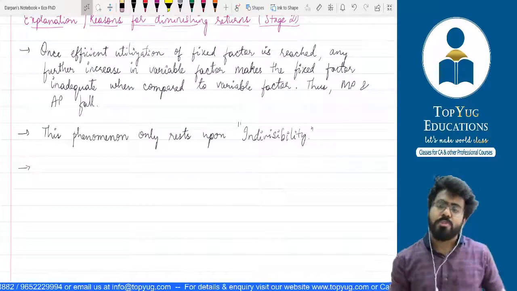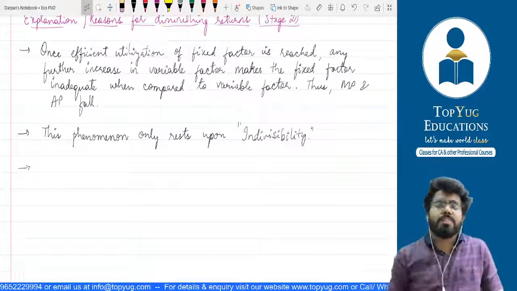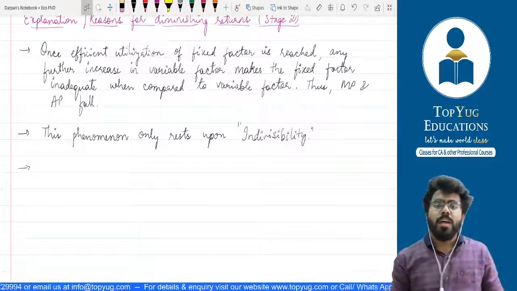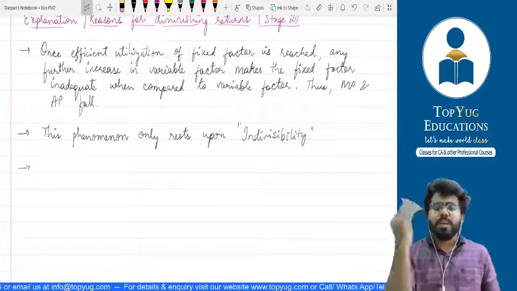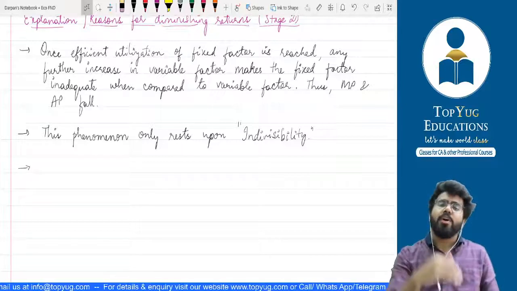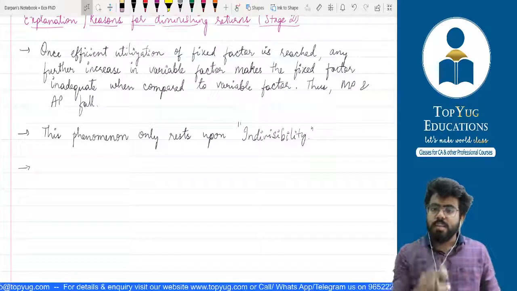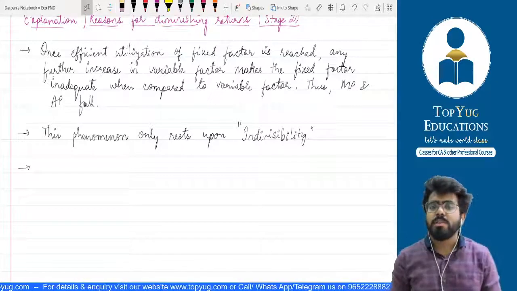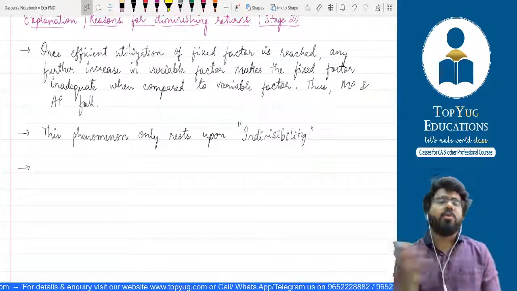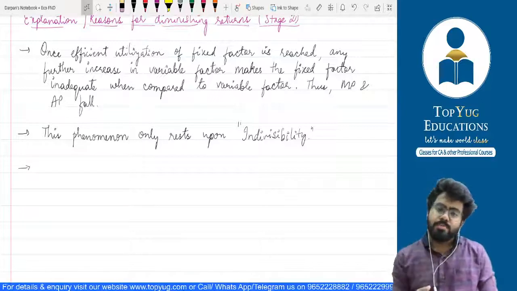If machinery and labor were perfect substitutes, then what could I do? Then okay, I don't need machinery, I'll keep on employing more labor only, I'll not purchase machinery. Why? Because machinery and labor would be perfect substitutes. But are they? No. Machinery and labor are imperfect substitutes.